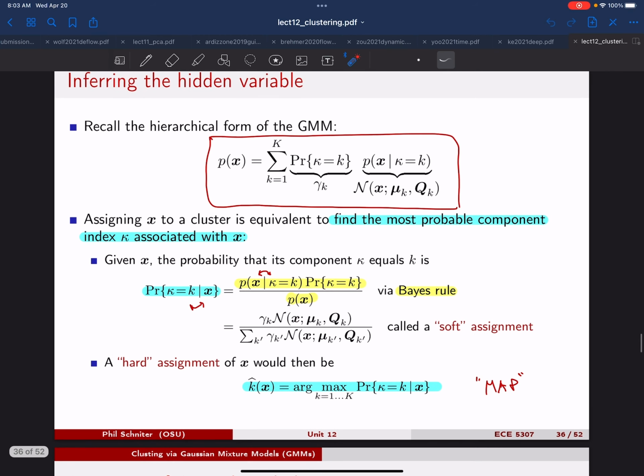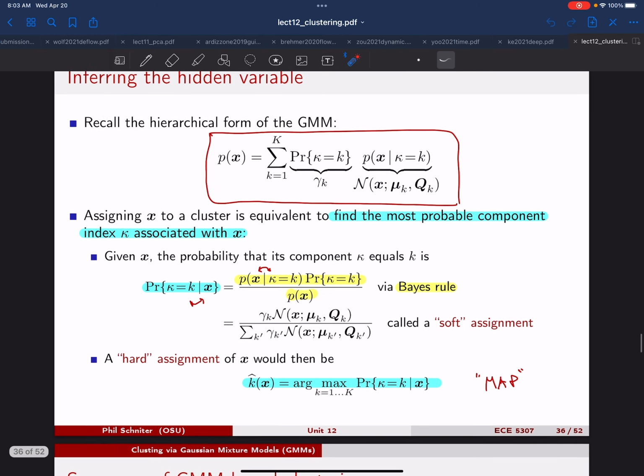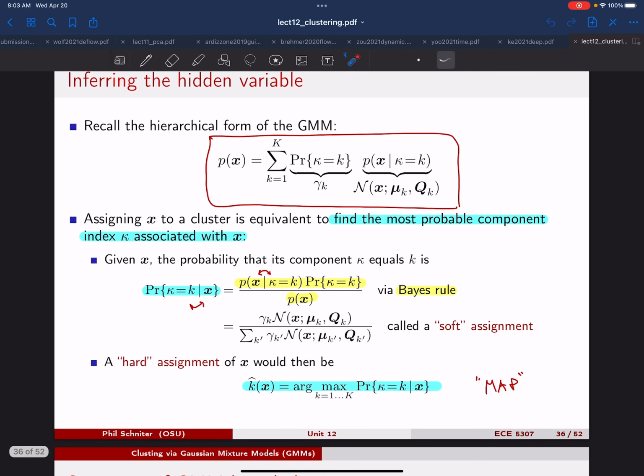And we worked out that from that viewpoint, these weights, gamma k, are just the probabilities that kappa equals k. And these Gaussians are the conditional probabilities of X given that kappa equals k.